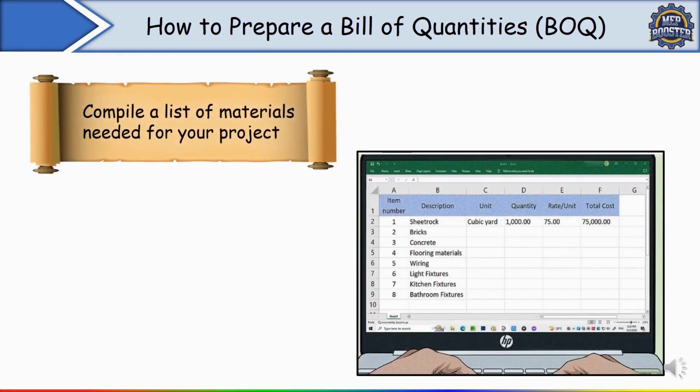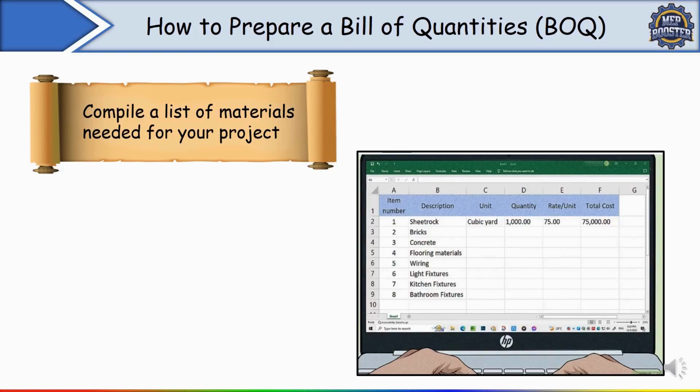Next, compile a list of material needed for your project. Okay, so what you have to do now, pull material from the architecture plans. The architect plans include a specification for various building material used to complete the design. Write down dimension as well, so this will come in handy when you are estimating the amount of a material you will need.